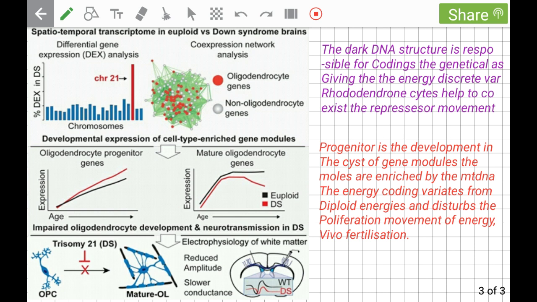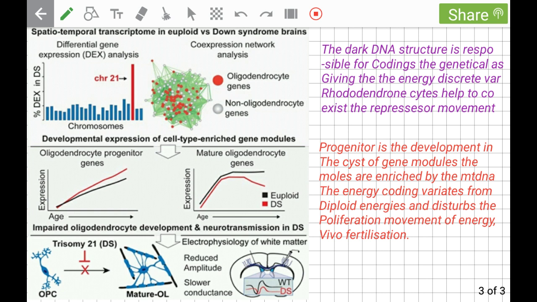So in analytical chemistry we will think about the correlation between the chromosome 21 and the energy which is in the cyclic tetracycline. The tetracycline energy is the energy of apolitical proteins.